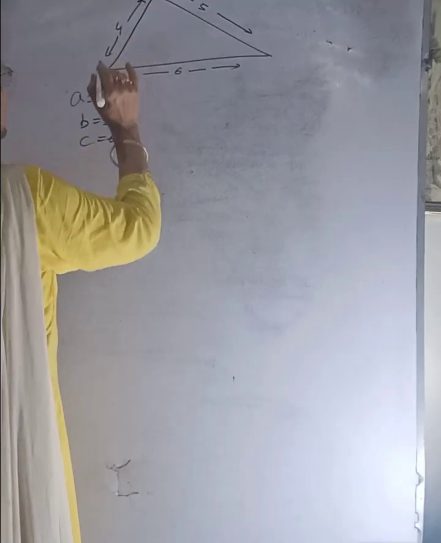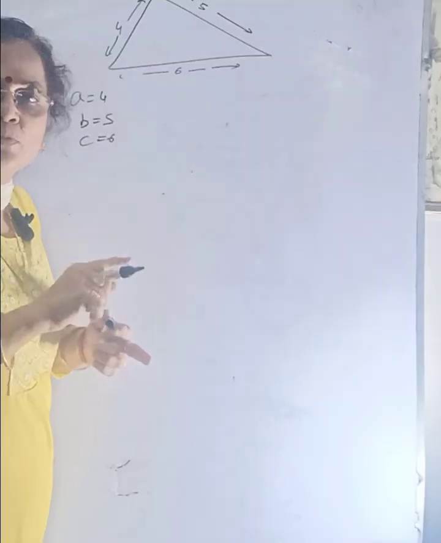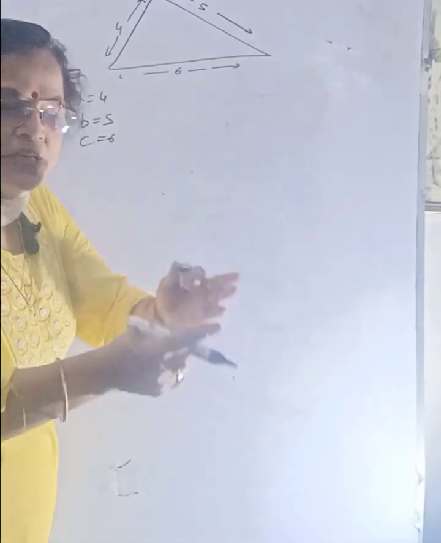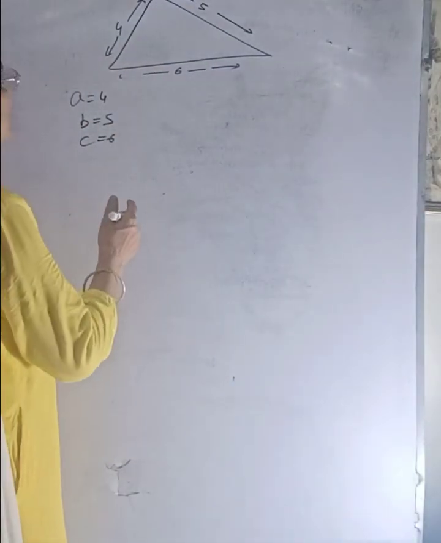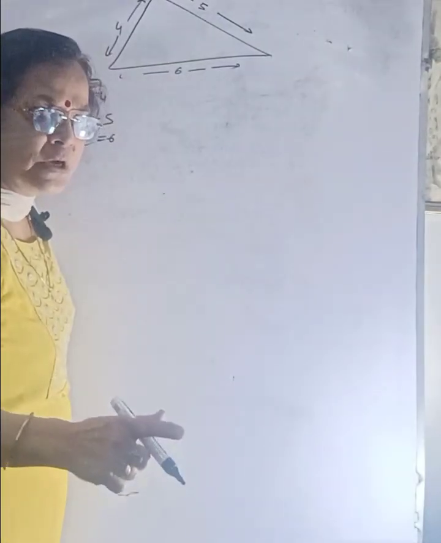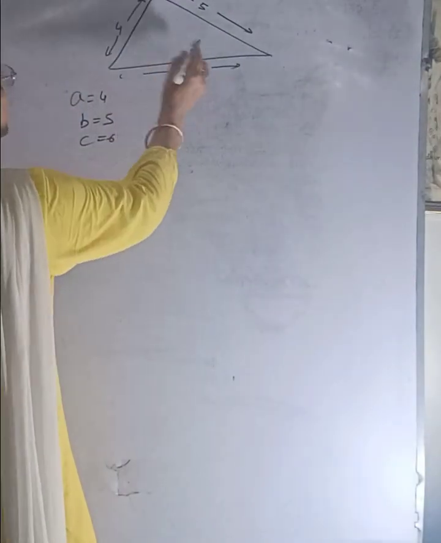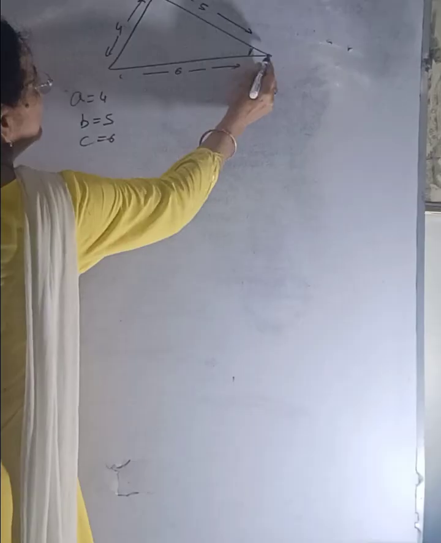Okay? In this triangle, we have to prove that double of the smallest angle will be equal to the biggest one. This is the side 4, this angle will be A, the smallest.